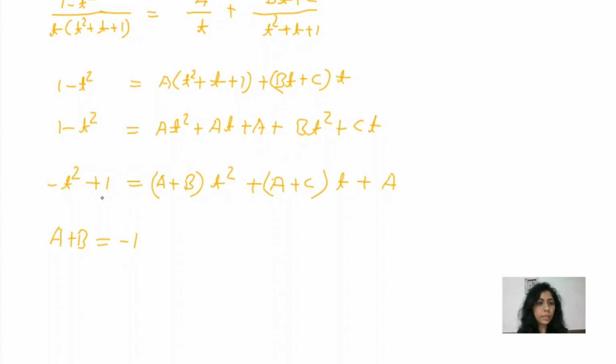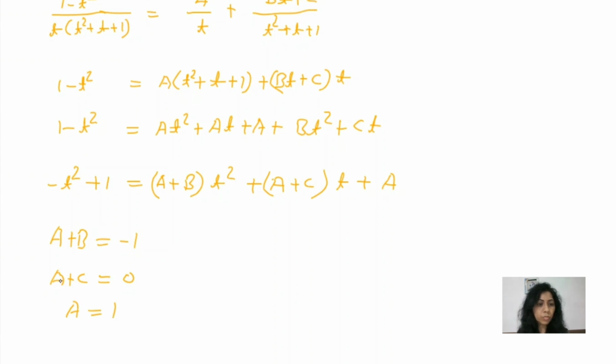Here the t term is not present, it means 0, and the coefficient of t is a plus c, so a plus c is equal to 0. The constant term is 1 on the left and a on the right, so a is equal to 1.